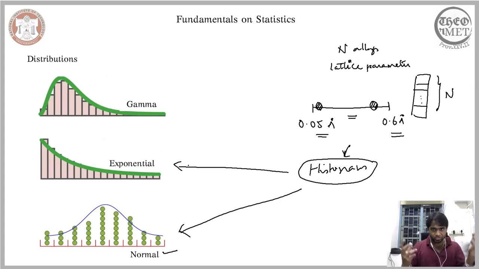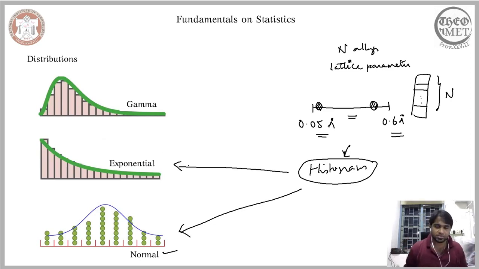Now there are two extremes, one is the lowest and the other is the average. We assumed the average has the most population in the normal case, and in the exponential case the lowest lattice parameter has the highest population. It is possible that somewhere in the middle, between the average and the least lattice parameter, the population could be concentrated.